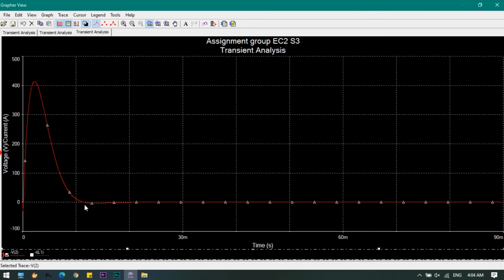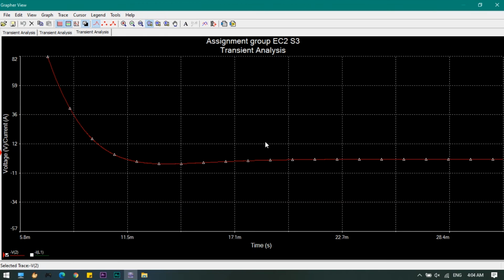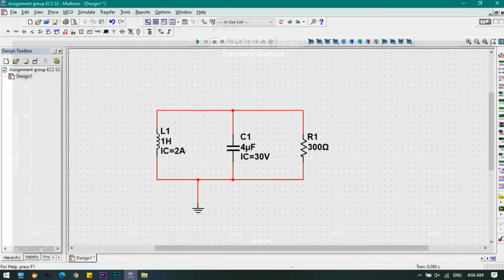It goes down a bit. It oscillates. You can see that it goes down and then up and then reaches steady state. That is underdamped. Okay, that is all from me. Thank you.